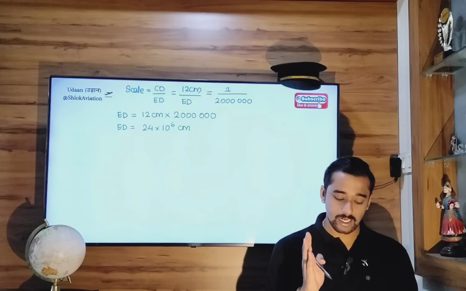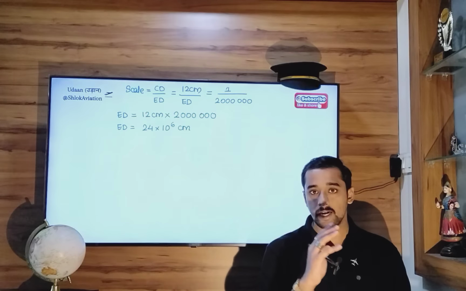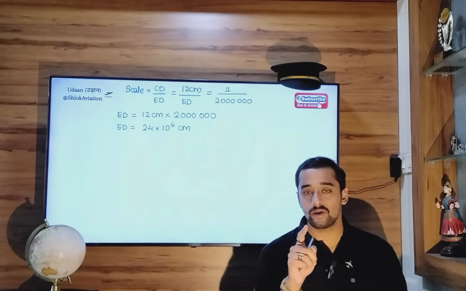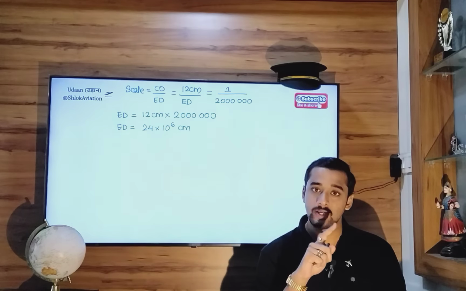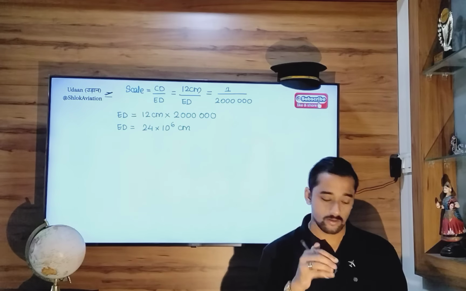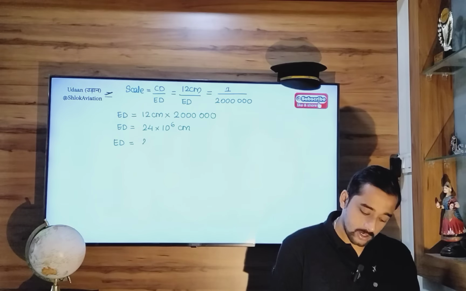Now convert centimeter into nautical miles. To convert nautical mile into centimeter, we multiplied 1852 into 100. Now to do the reverse, centimeter into nautical mile, you divide. So Earth distance will be equal to 24 into 10 raised to 6 divided by 1852 into 10 raised to 2.